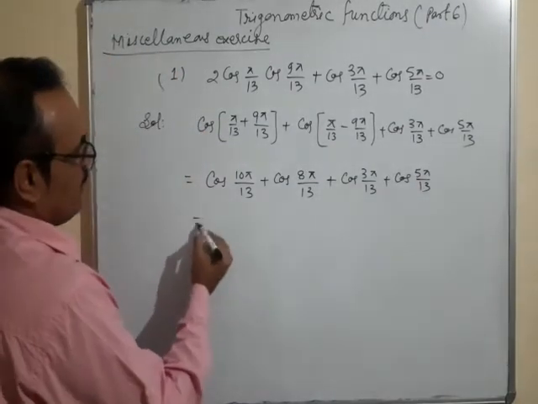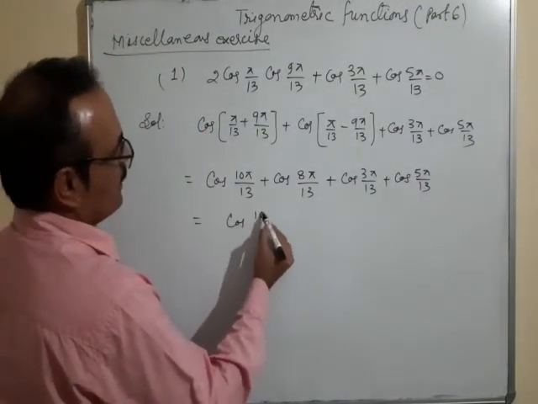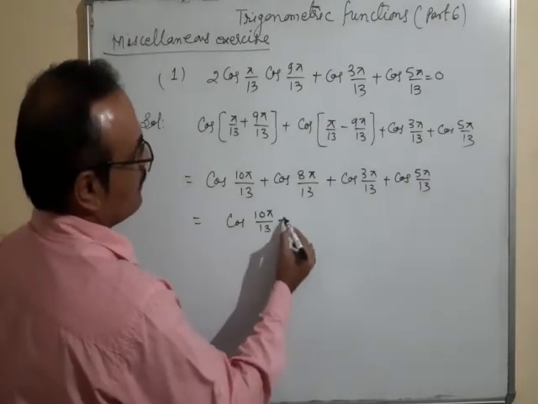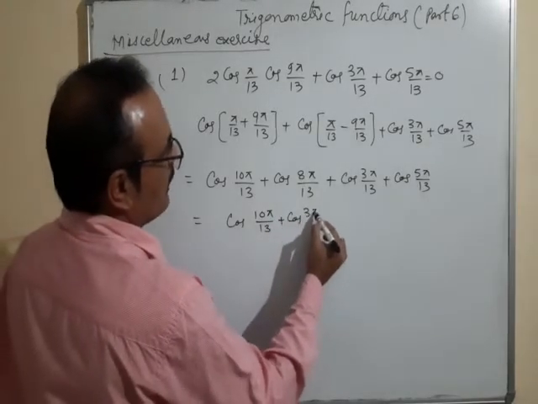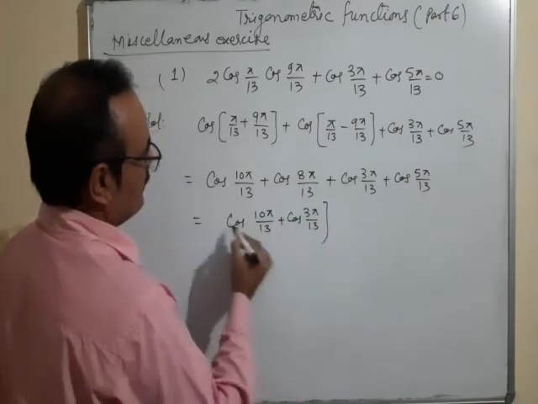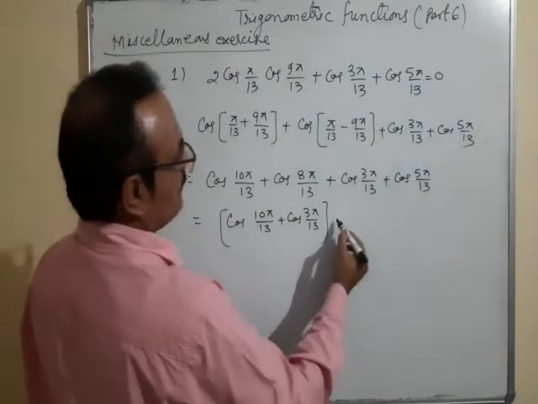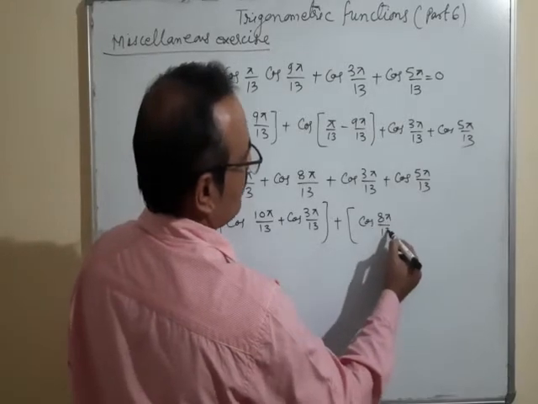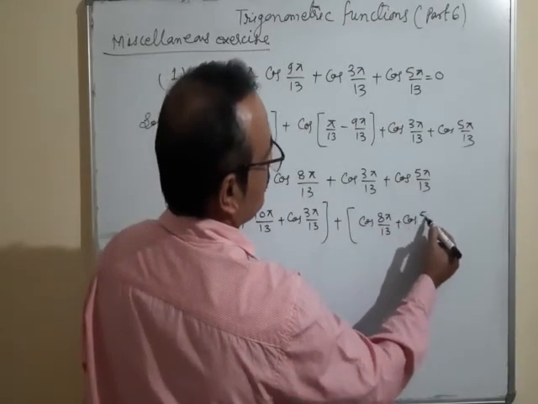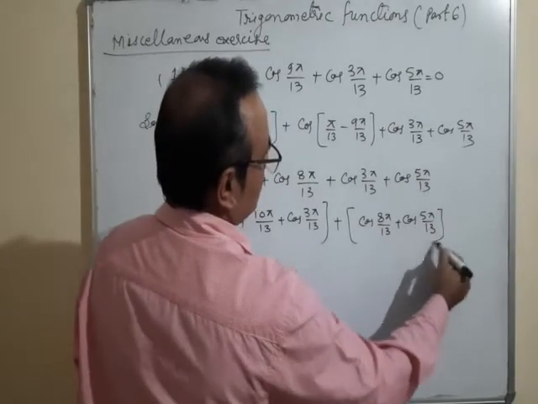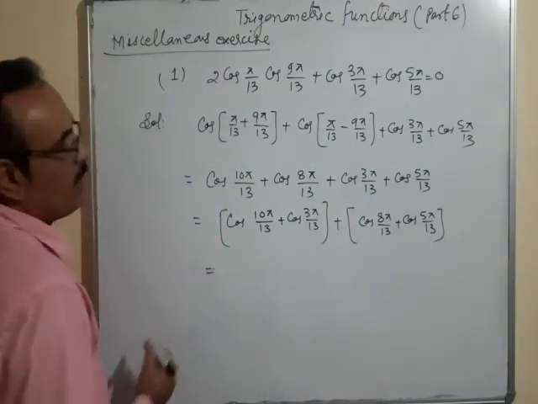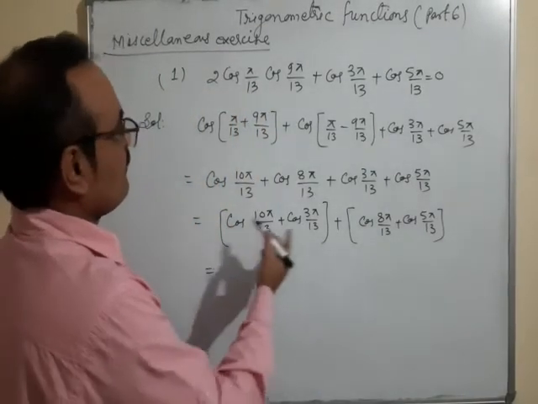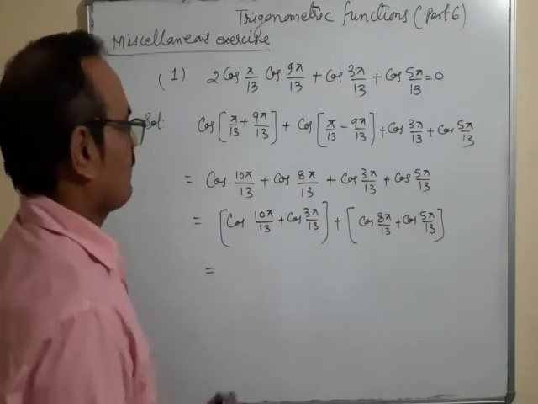Cos 10 pi by 13 plus cos 3 pi by 13, 10 plus 3 is 13, and cos 8 pi by 13 plus cos 5 pi by 13. What should be done here?